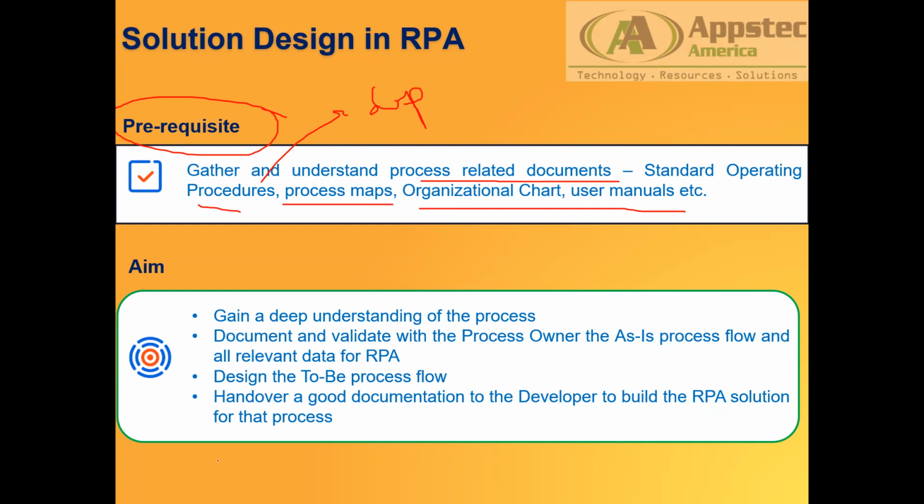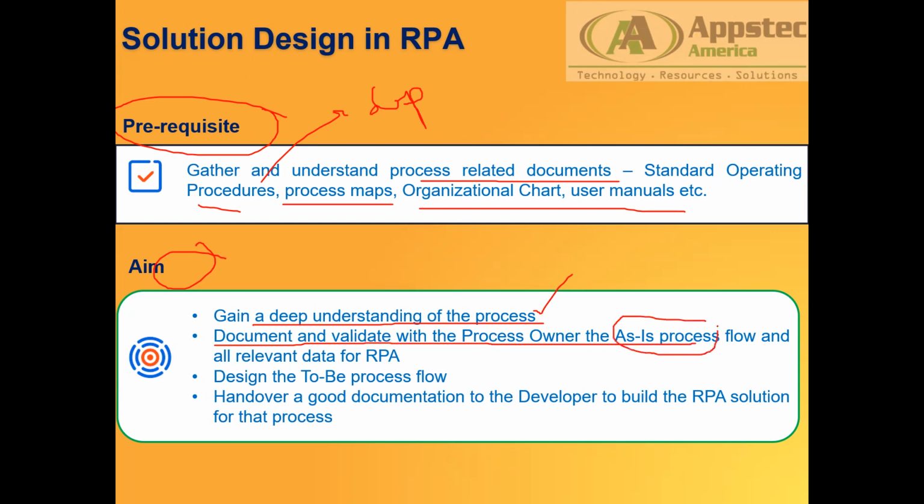So this is the prerequisite to understand the process that I'm going to work with, to find a technical solution, or rather an automated solution, to be implemented in RPA. Correct? Now, what is the aim for us? We want to get a deep understanding of the process, which is very much required to create a robust solution. Document and validate the process owner's as-is flow and all the relevant data.